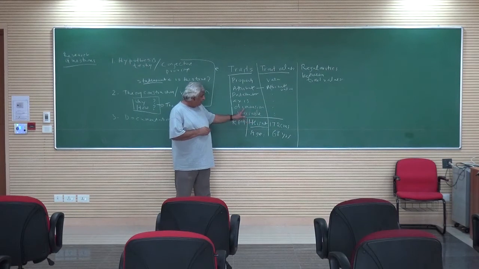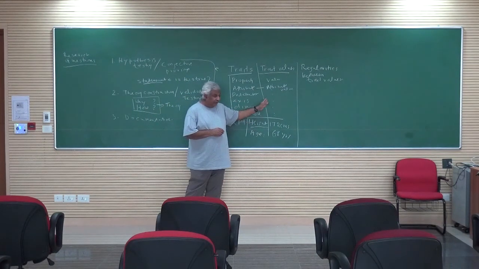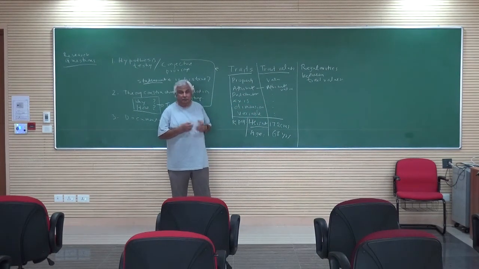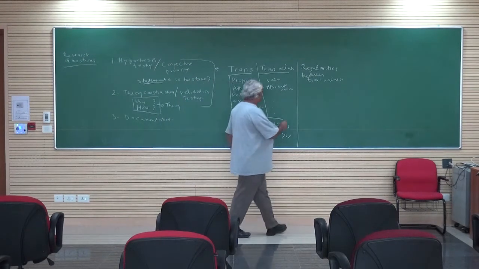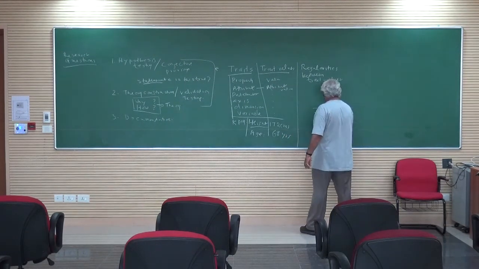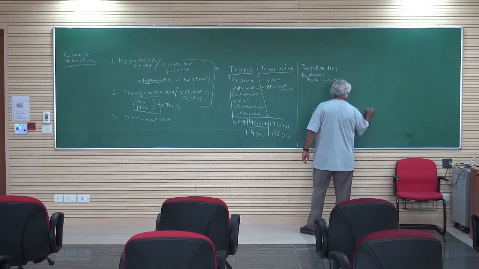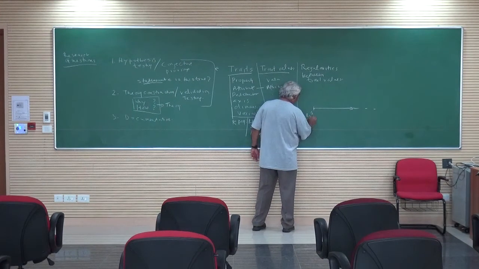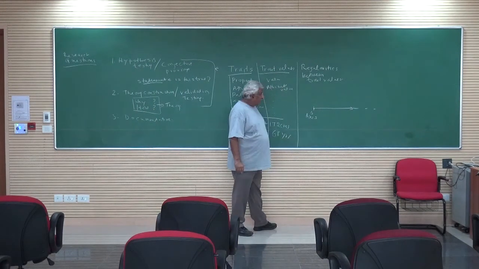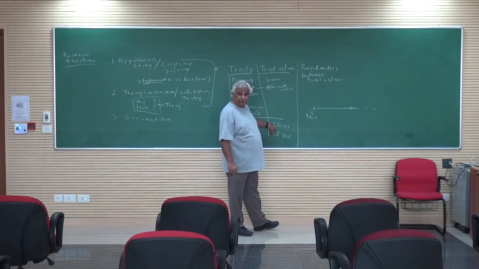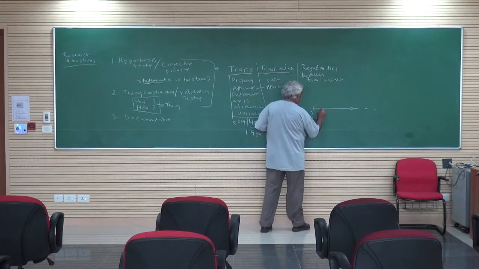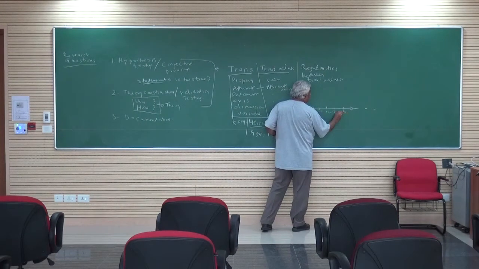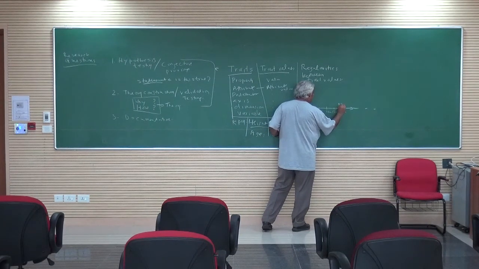One way of representing, understanding the relation between these two is to represent this in terms of geometry. So for example, you could represent height as a line beginning with 0 and going on. This is the axis of height. And then where do you locate me? So you say this is 50, this is 100, this is 150, this is 200, and somewhere here is me.